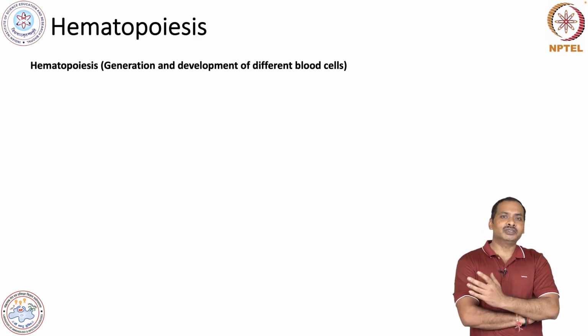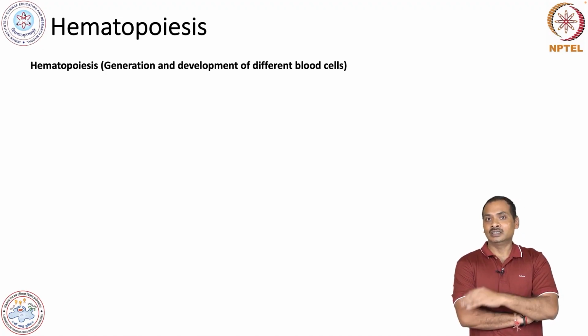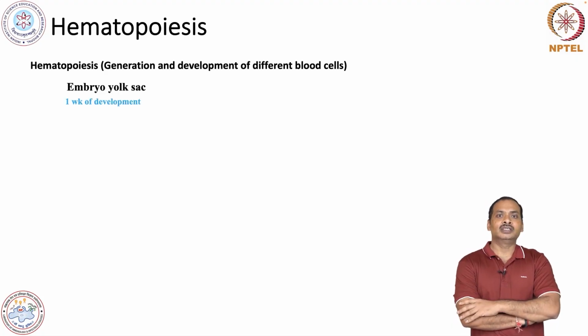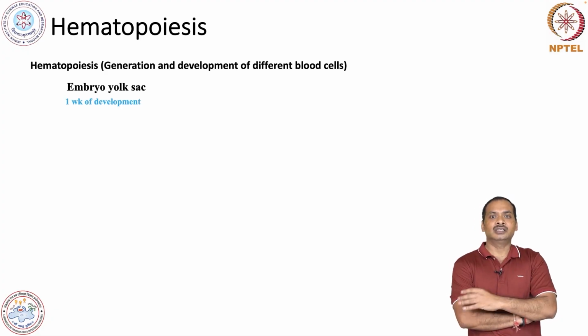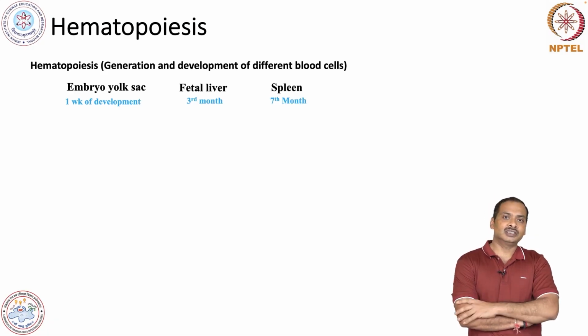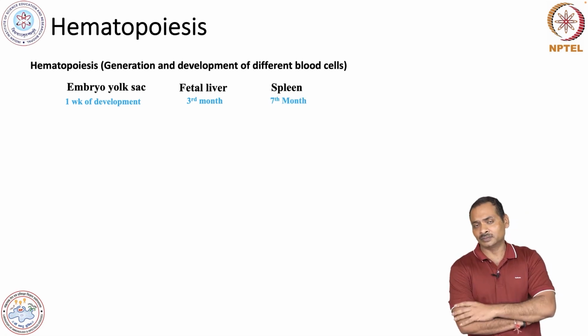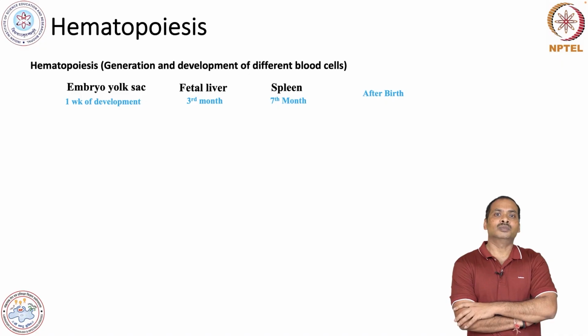If you remember my previous session, I showed you that hematopoiesis starts immediately after a week, taking place in the yolk sac, thereafter in the fetal liver, and subsequently in the spleen, and after the birth of the fetus, it is taken over by the bone marrow.